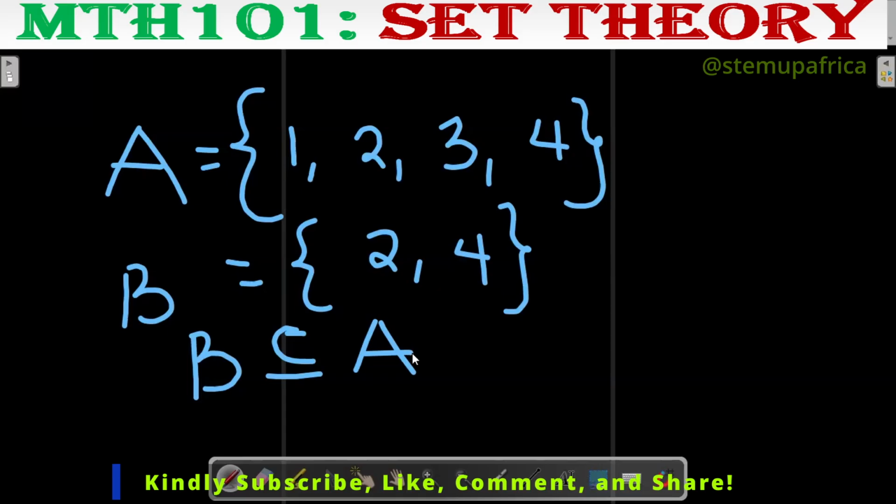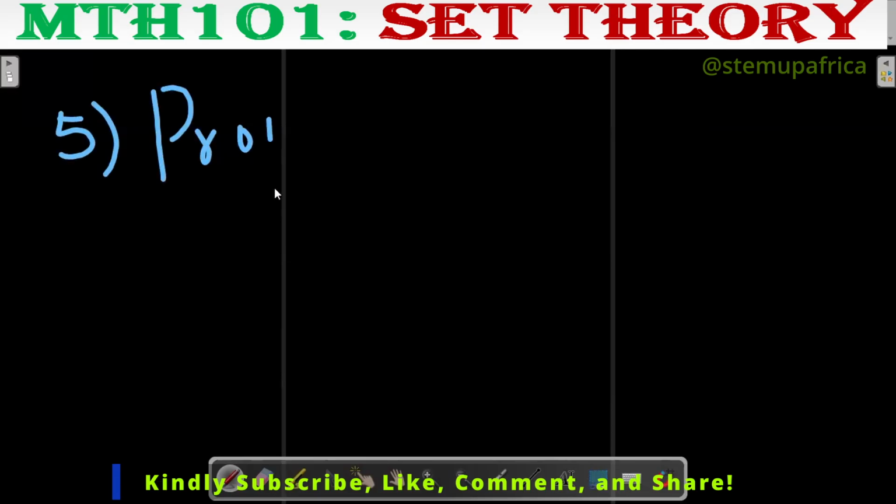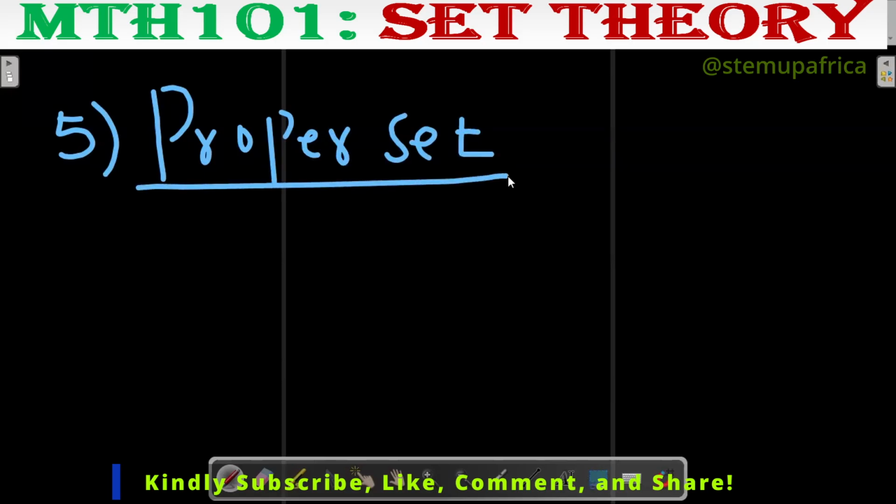We also have number 5, what is also called proper set. It's another type of set. This is how it's written: A is a proper set of B. So you can see the difference between the subset and the proper set.